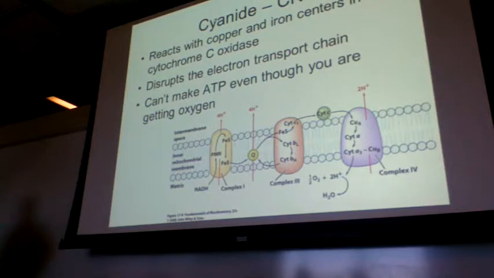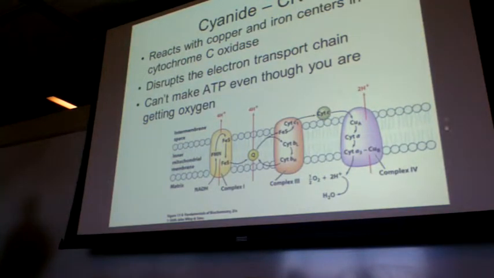Cyanide. Okay, so cyanide poisoning is something that most of you have heard of, and I didn't want to have cyanide as a grad question because it scared me. This one reacts with an enzyme that's found in your electron transport chain. In biology, you've seen this before, and if not, if you take Biochem 2, you'll see it next semester.